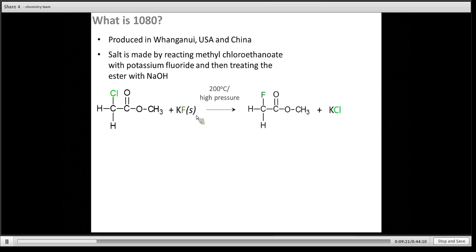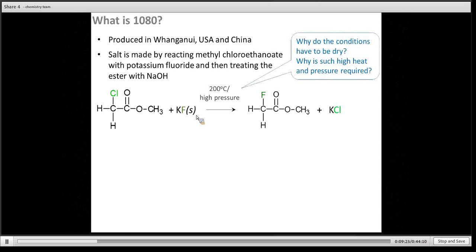So if you think of your chemistry that you have learned now in organic chemistry, first of all, why does it have to be under such high heat and pressure? You are reacting this particular carbon, and that's quite a strong bond, and so you need a lot of energy to break that bond and replace it with something else.